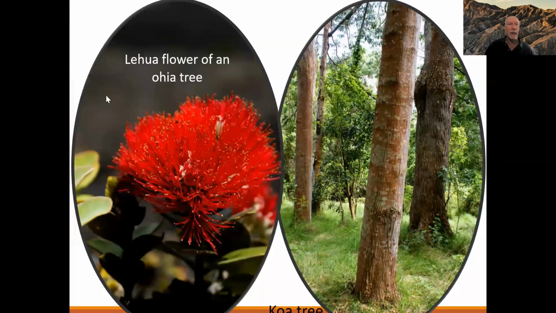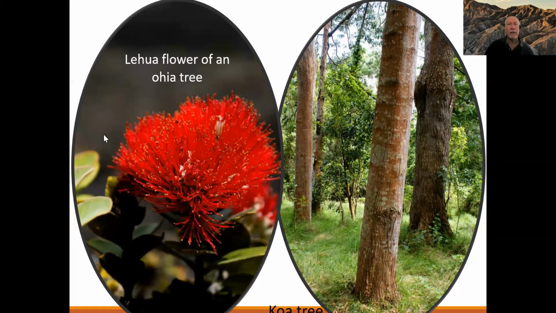I'm not even going to try to pronounce this. I think it's, well, maybe I will. Lehua is the flower, but the tree is called ohia. Not sure I'm pronouncing that right. Okay, and this is a koa tree over here.